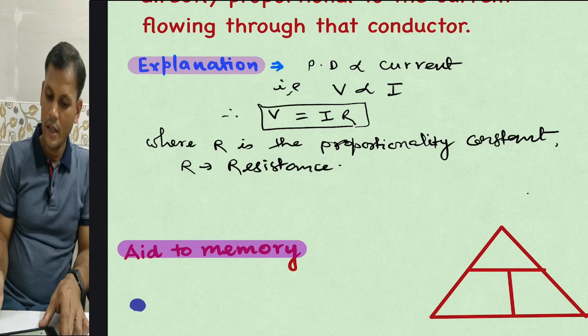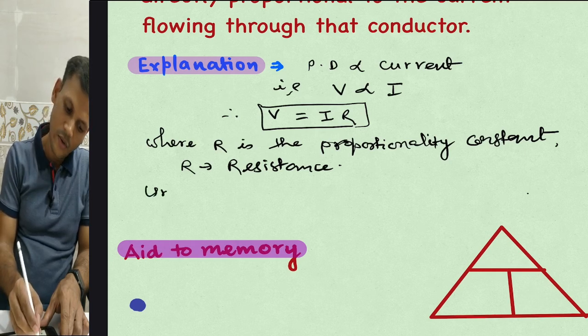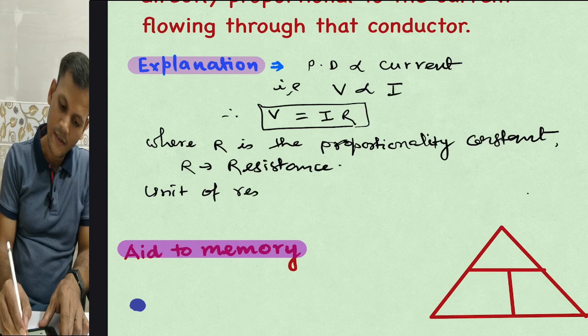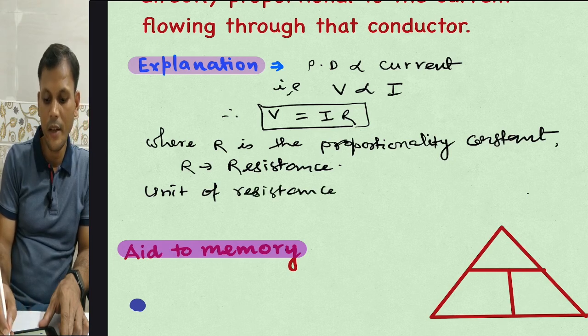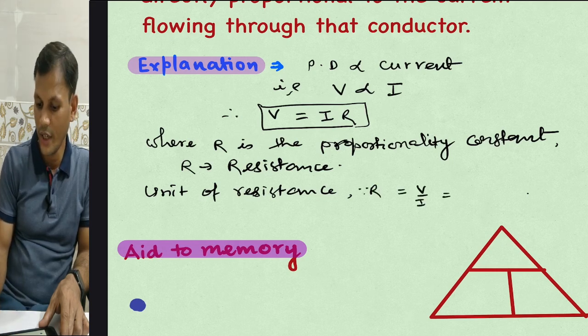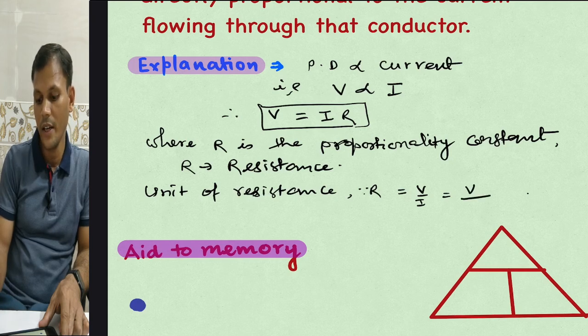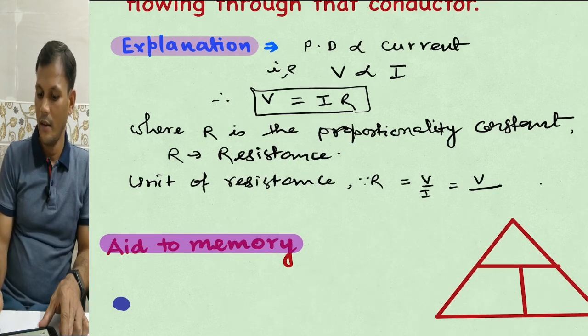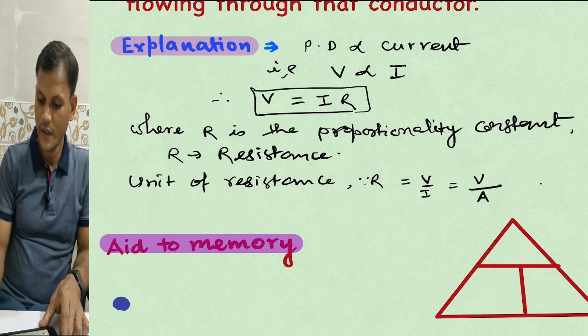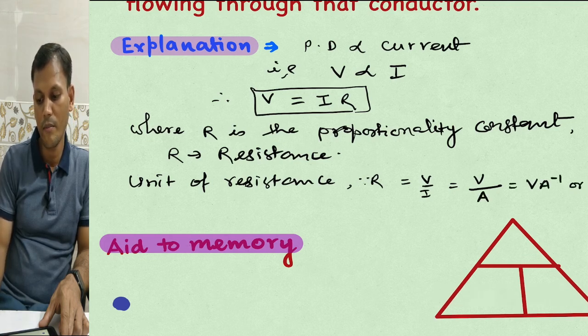Now the unit of resistance is the ohm. What will the unit of resistance be? Since R is V by I, the unit of potential difference is volt, and the unit of current is ampere. So it is volt per ampere, or simply ohm.